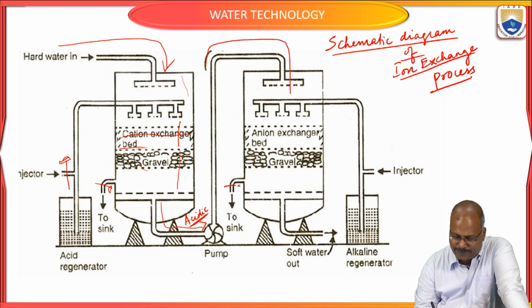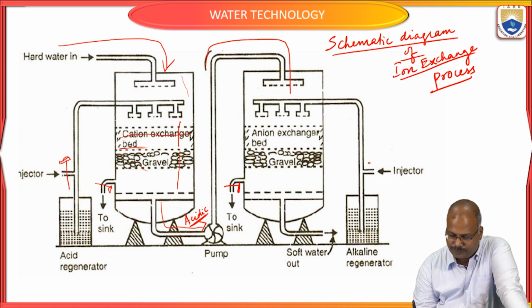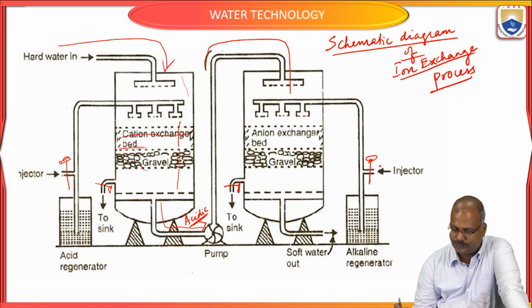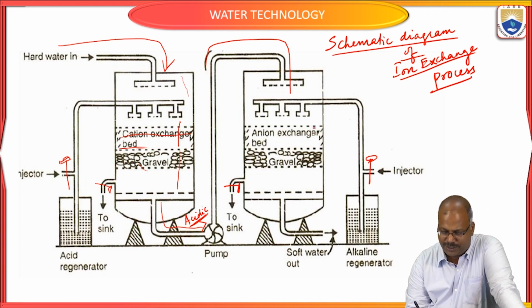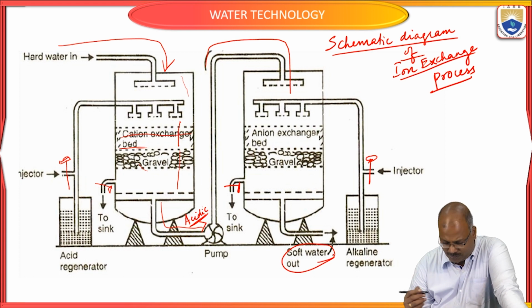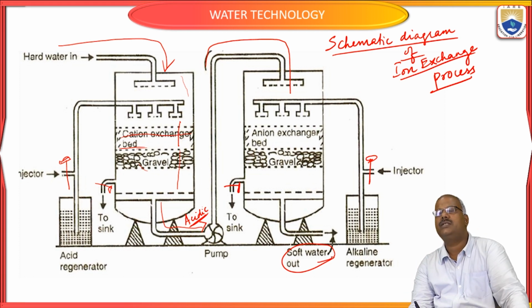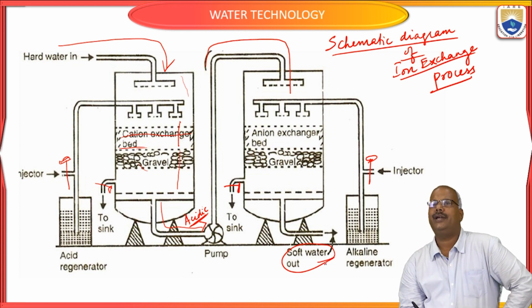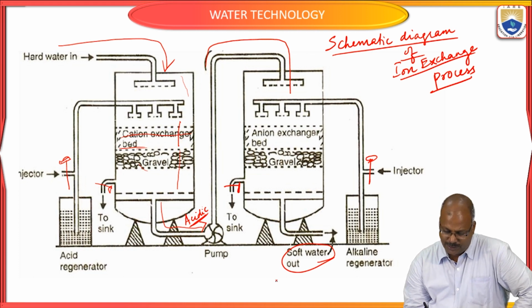Here, in the anion exchanger bed, the water is passed through, then sand, gravel, and then comes out. So the water that comes out here is called soft water. It's not only soft water. Soft water means only hardness-containing ions are removed, but this is demineralized water.